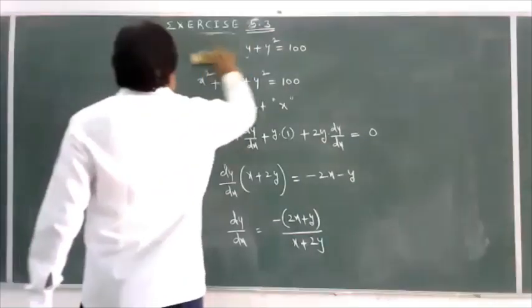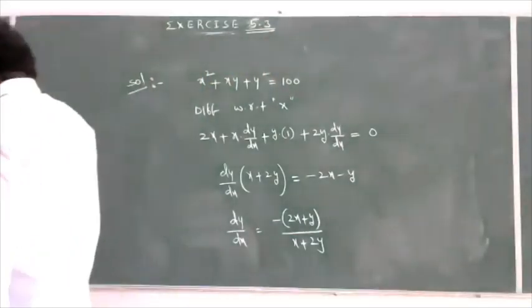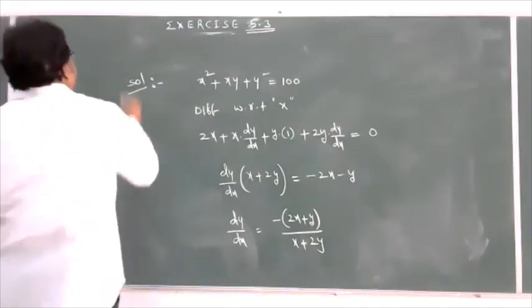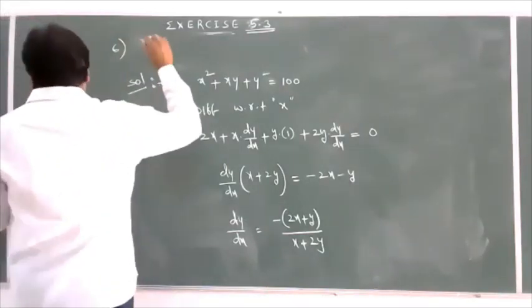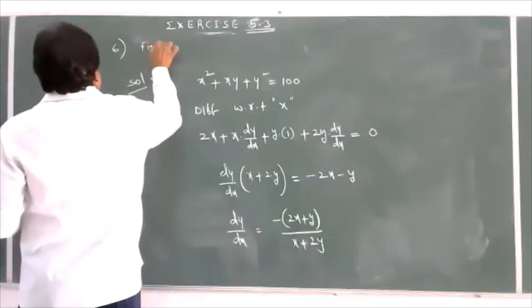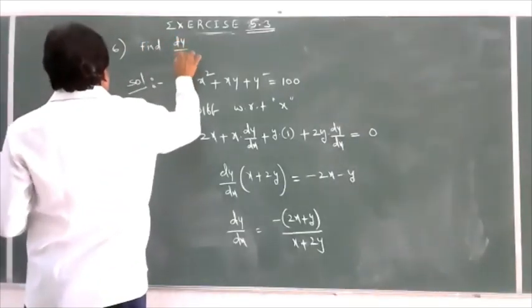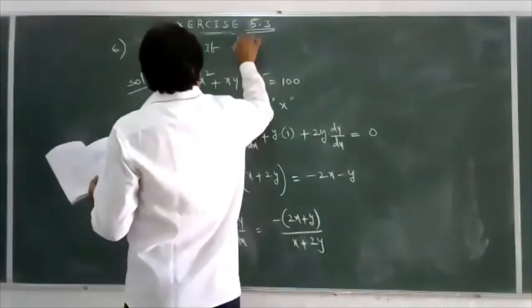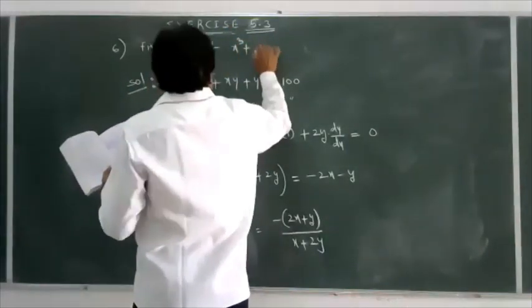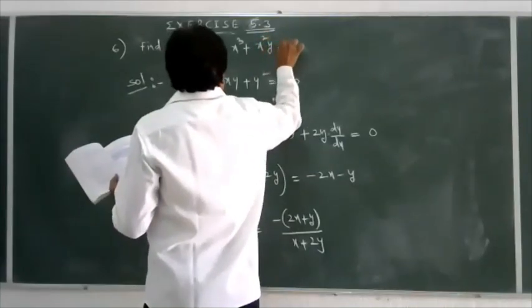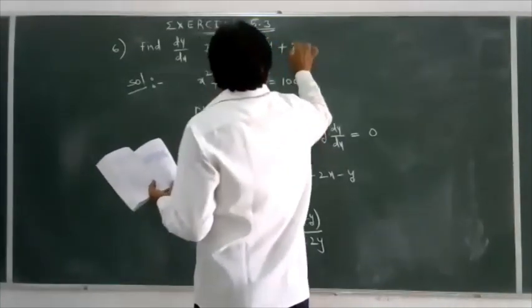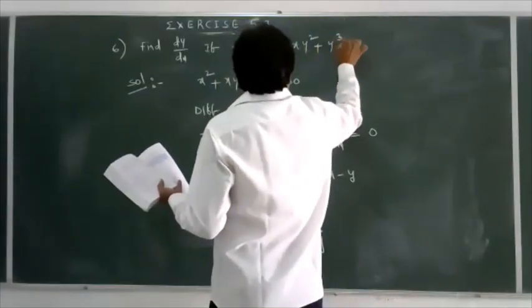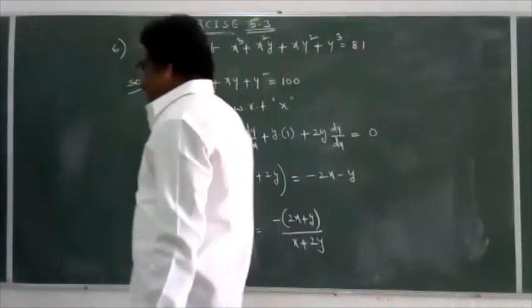Next, we are going to discuss the sixth problem, that is find dy by dx if x cube plus x square y plus xy square plus y cube is equals to 81.